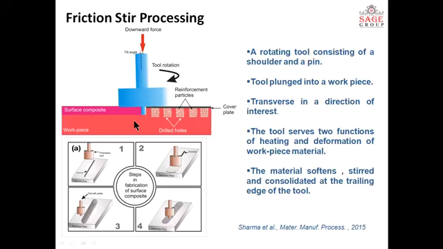In this figure you can see that there is a tool which rotates at a high speed, RPM, and due to rotation, when it contacts the surface, it will generate friction due to movement.